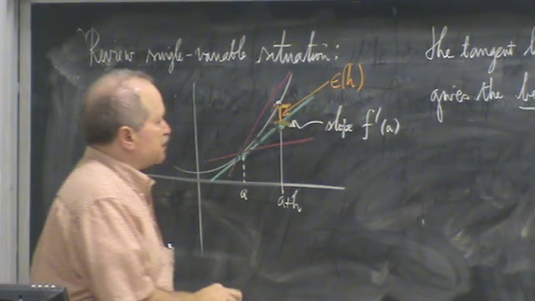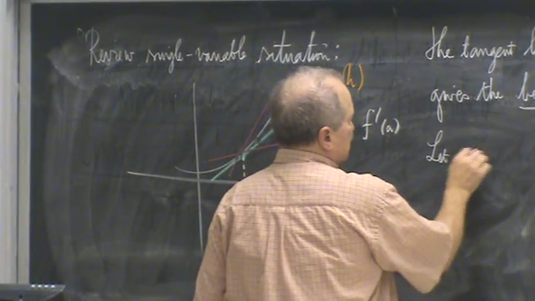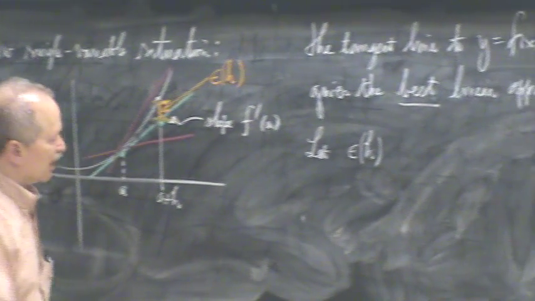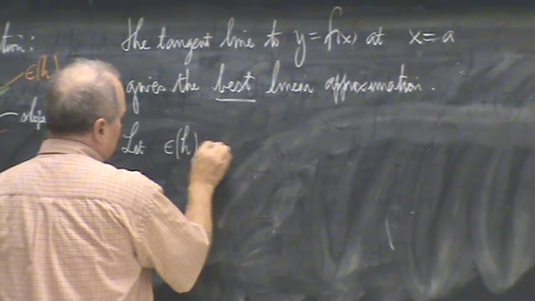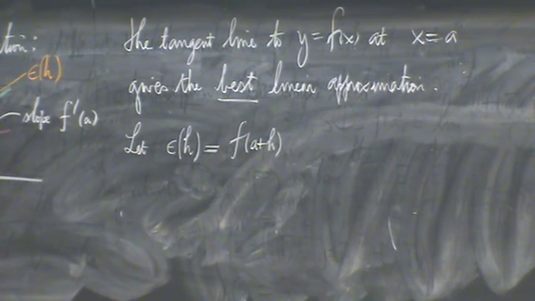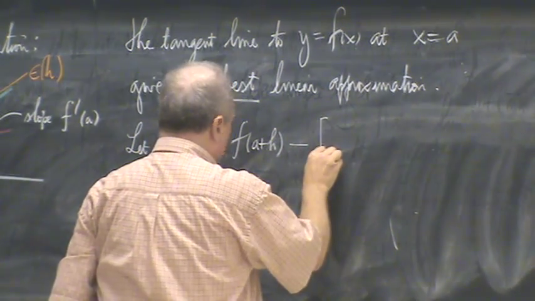So I'm going to call epsilon of h the error here. Let epsilon of h be f of a plus h, the height of the function, minus the height of the tangent line. That's going to give me the discrepancy. So how do I get the tangent line equation?